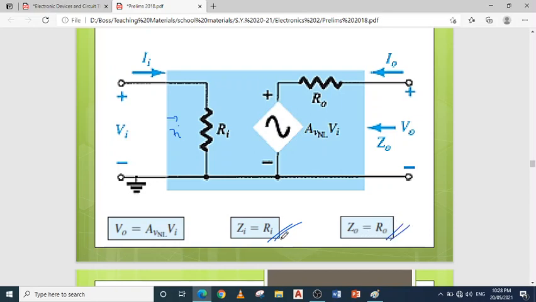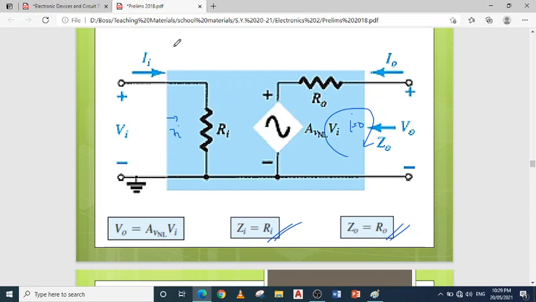Considering this figure, since we have no load resistance here, if we apply KVL at this loop, since it is open, the current I is 0.